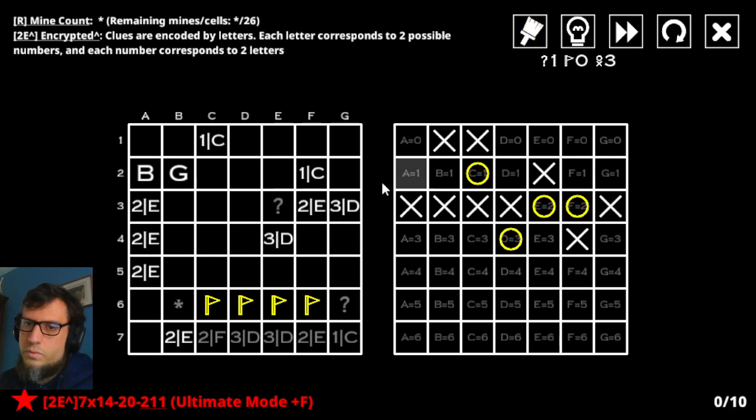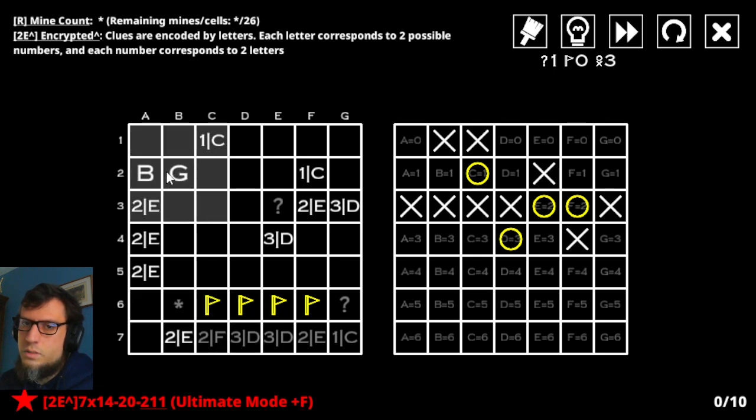Whoa. 3D, 2E. E already has 2. So if... 3 or D. Yeah, okay, I can't really see anything. Oh, nothing's allowed to be 2 except for E or F. So this B, which has 3 spaces, okay.